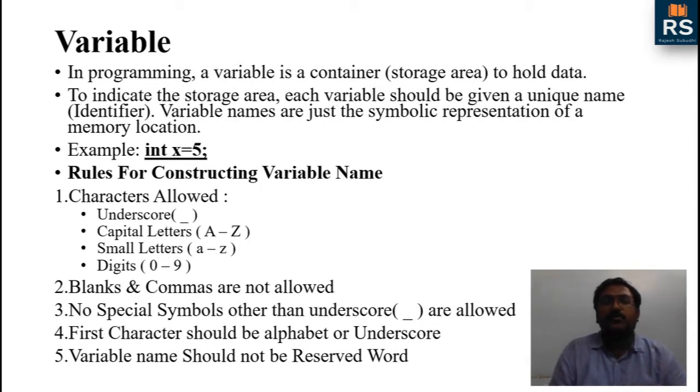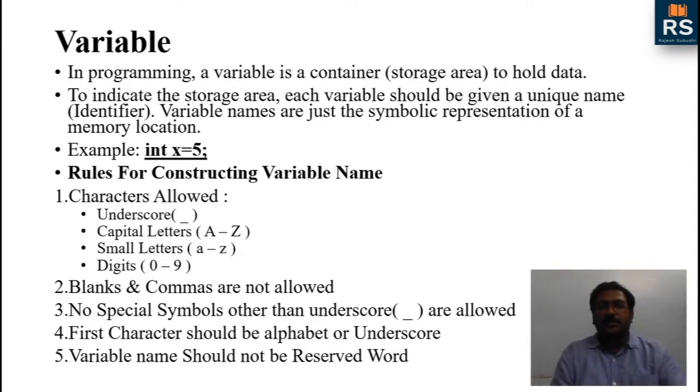So what are the reserved words? As I mentioned in my previous video, we have a library of different functions in C. Those function names are the reserved keywords or reserved words in C. So you cannot use those names as your variable name or identifier.